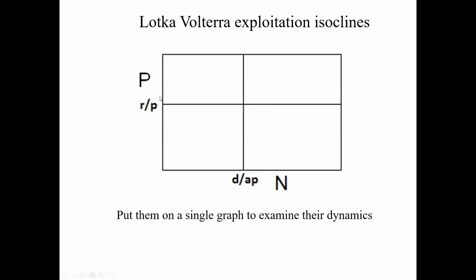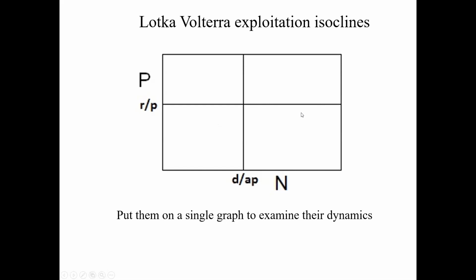Well, let's examine what happens here. On this lower left, the predators are decreasing. And because you're below the prey isocline, the prey are increasing. So the net movement of a combination of predators and prey down here will be that way. Once you get across this line, then the predators can start increasing because there are enough prey. The prey are still increasing, so you go down here, but then you switch.